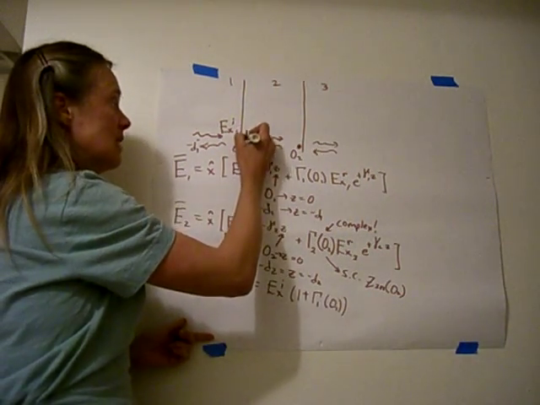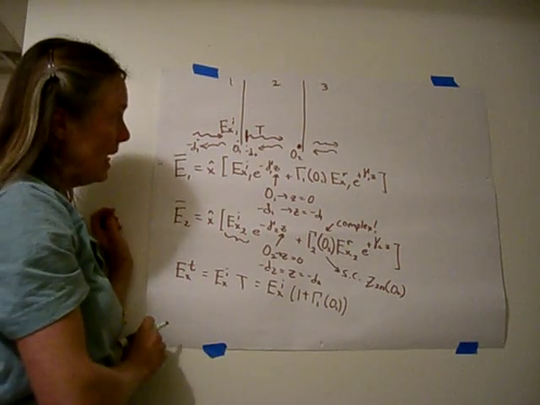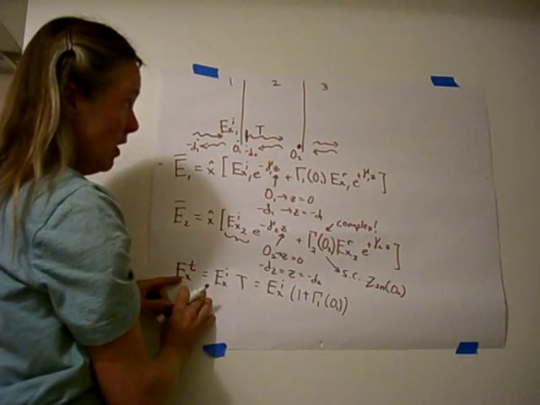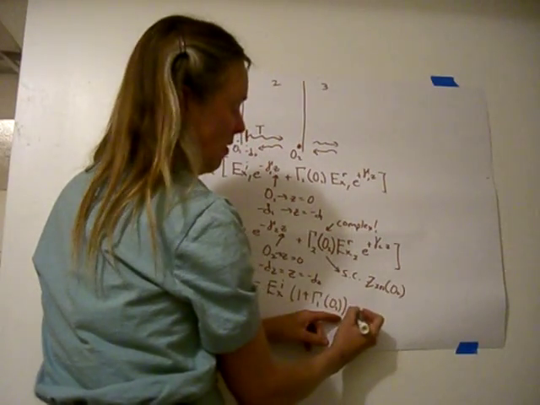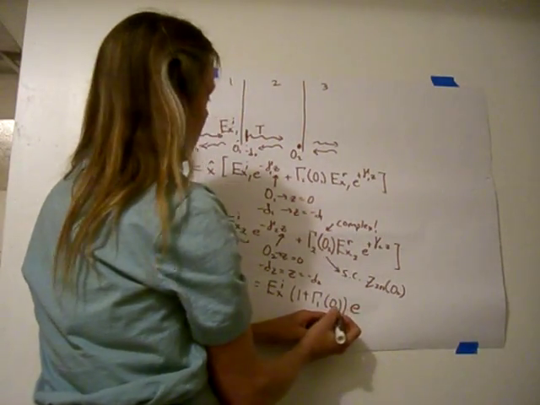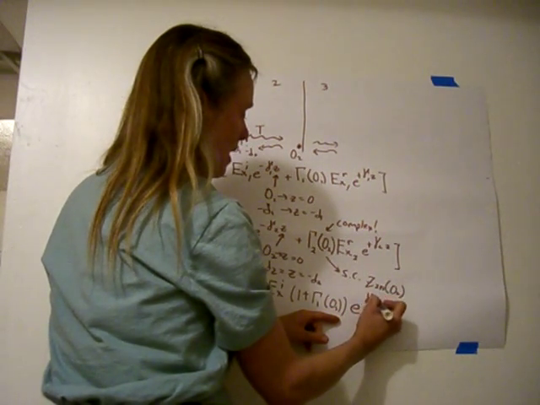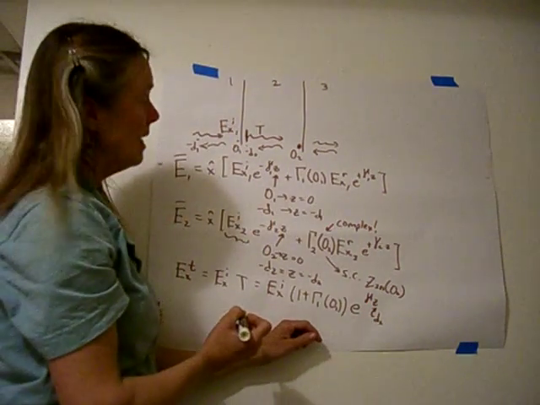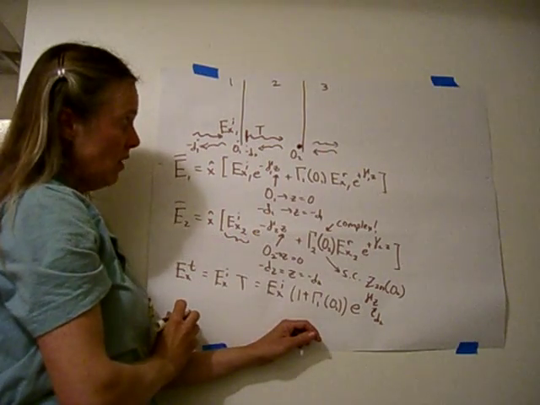That gives us the incident electric field right here, but that's the incident electric field at minus d2. So if I want to get the incident electric field over here at O2, I need to multiply this by the phase shift. So the phase shift is e to the gamma z, where z is going to be d2, and let's talk about the plus signs and the minus signs. Right here is the incident electric field that I need.